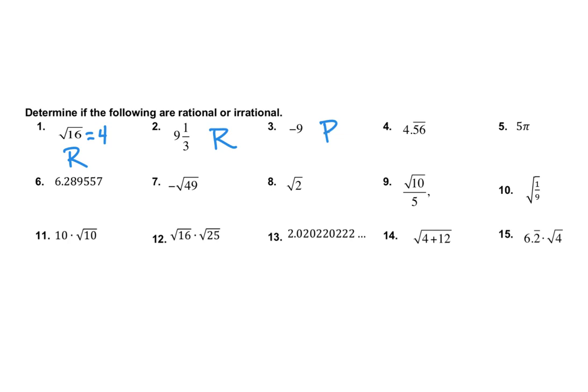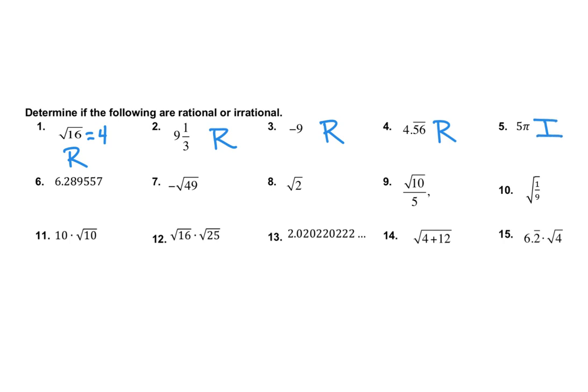That one is also rational. We have 4.56 repeating. Remember, repeating decimals are rational. All right, number 5, notice that we have the square root of 5 times pi. If anywhere in your expression you have pi, you know that it's going to be irrational.